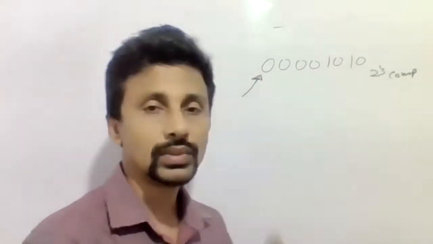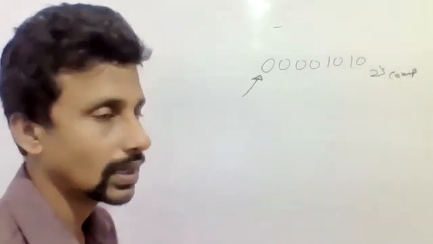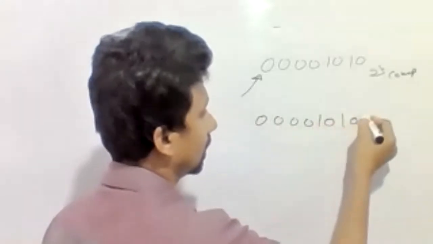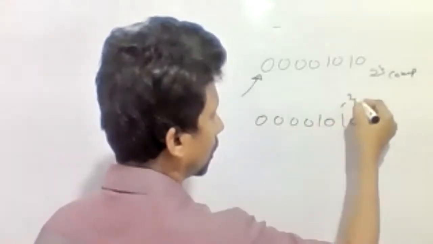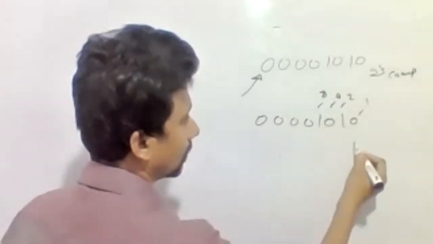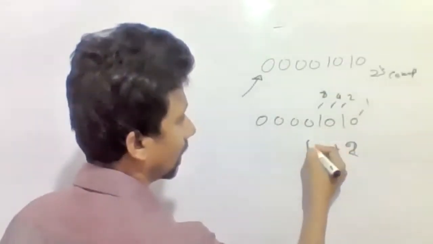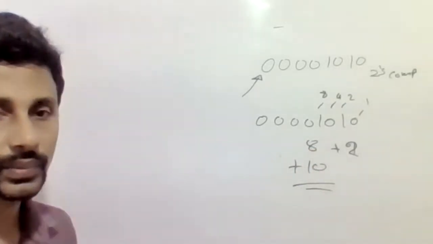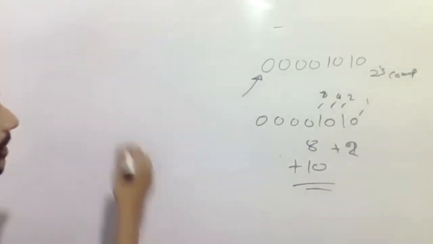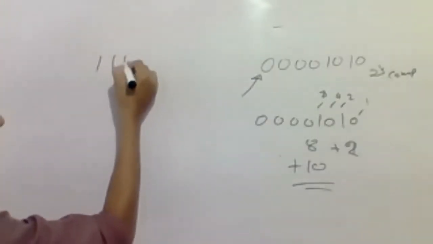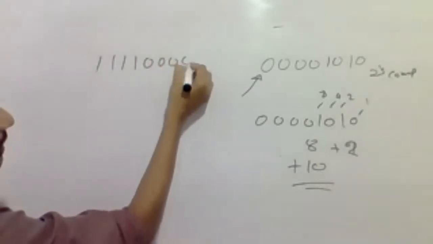So you can just convert it to decimal: 1010, that is 2 to the power 0, 1, 2, 4, 8, like that you can take. 2 is there, plus 8 is there, positive 10.